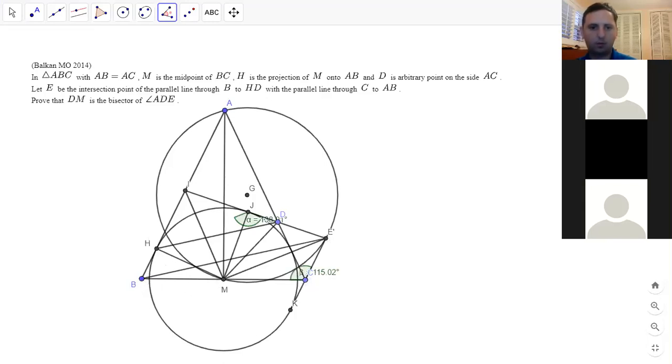No. Oh yeah. I feel like there has to be a synthetic solution, but you can still post it.